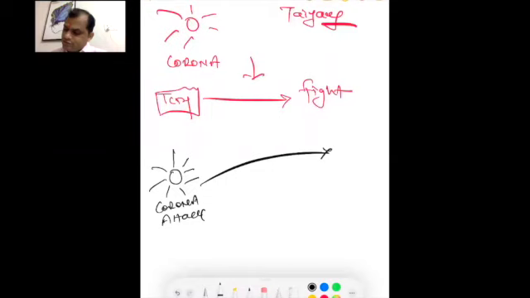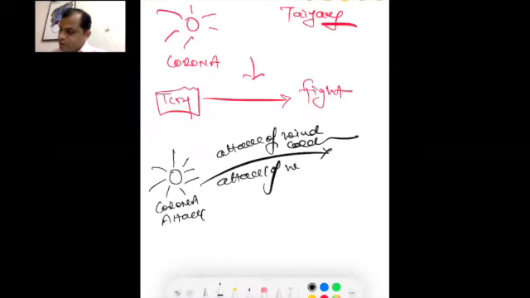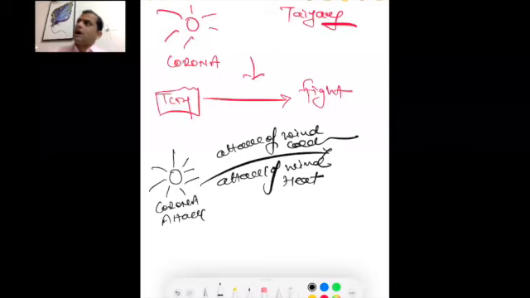So in the TCM we call it the attack of wind cold or the attack of wind heat, because these viruses are going through the wind. So either we will say the attack of wind cold or the attack of wind heat.